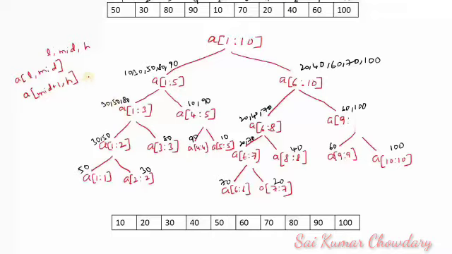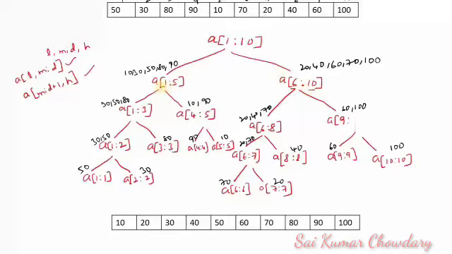Like this I need to divide. So this is the l value, this is the high value, you will get the mid value as 1 plus 10 by 2, which is 5. Based on that, I divide a of 1 to 5, and since the mid value is 5, 5 plus 1 is 6, 6 to the last value h. Like this it will divide.